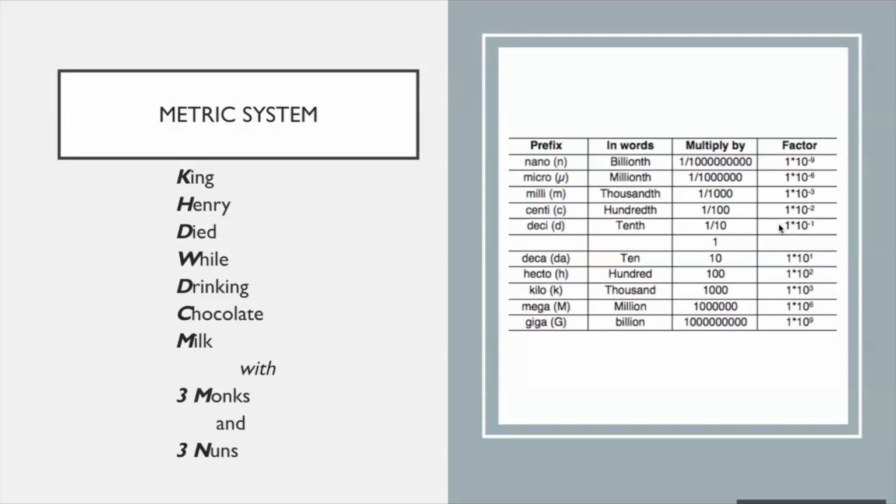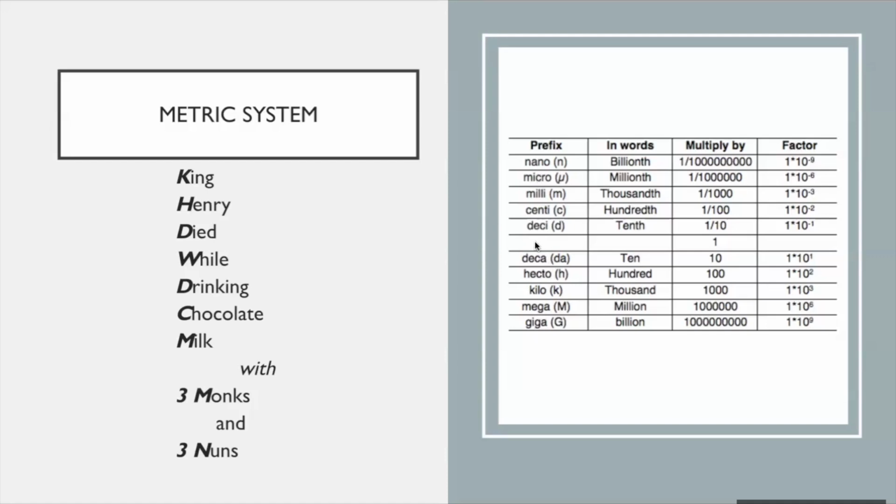This is the same thing as multiplying by 10 to the negative first power. If we wanted to convert the base unit, in this case meters, to decameters, we can multiply by 10 or multiply by 10 to the first power, or move the decimal once to the right. This order of prefixes here is very important.